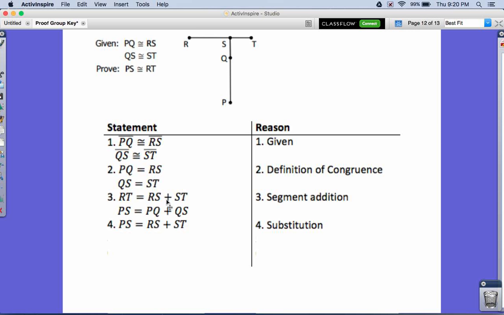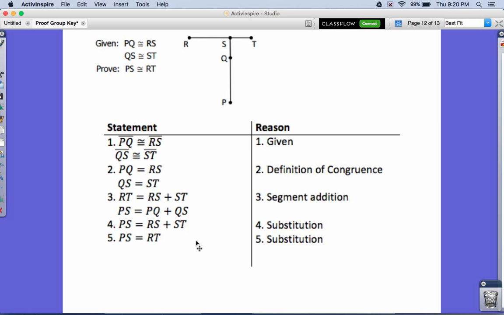And now we have that RS plus ST equals RT, and that RS plus ST equals PS. So that means that this equation equals two different things. And since this equation equals two different things, we can set those two things equal to each other. So now we can say that PS equals RT by substitution again.